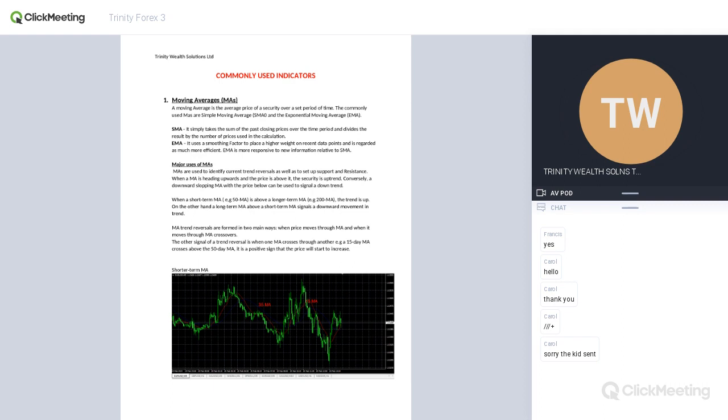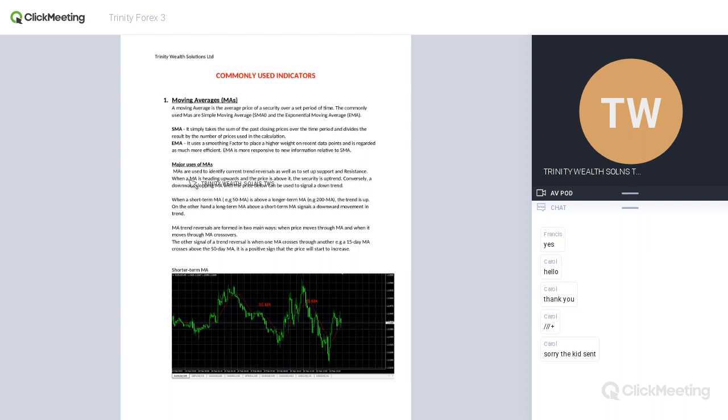Like if you say MA50, you're saying take the closing prices for the last 50 days, add all of them together, then divide by 50. It gives you the MA50. If it is MA15, it means you take the closing prices for the last 15 days, add them together, and divide by 15 to get the MA15. So we use the closing prices to calculate the SMA.